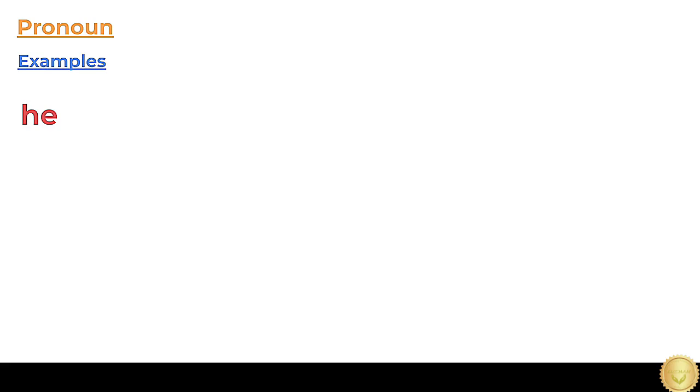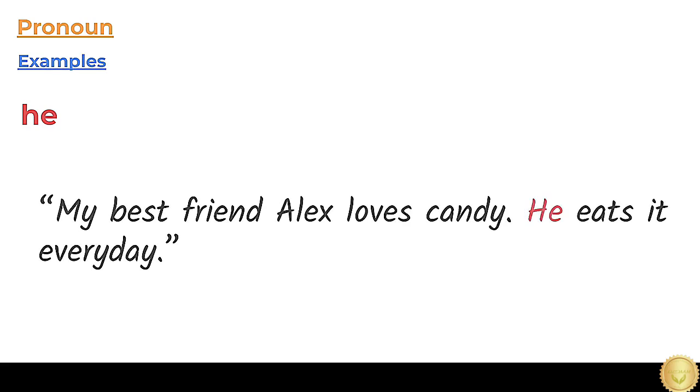So he. For example, my best friend Alex loves candy. He eats it every day. So it's important to note here that pronouns can only make sense once a noun has been mentioned in a sentence.